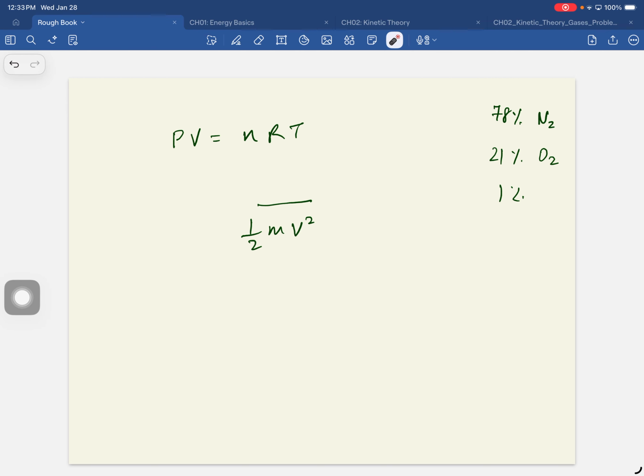So what we'll do is relate the average kinetic energy per molecule with a relationship like this, 3/2 kT. This is Boltzmann's constant. So here's a microscopic quantity, the average kinetic energy per molecule, and we'll relate it to a macroscopic quantity.